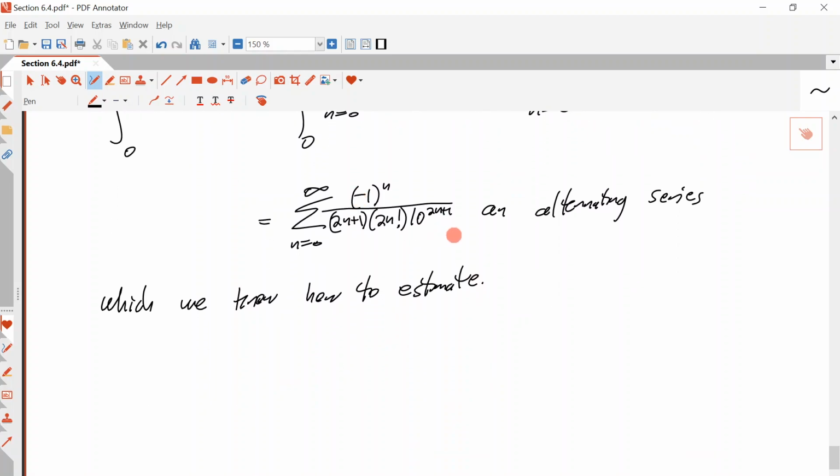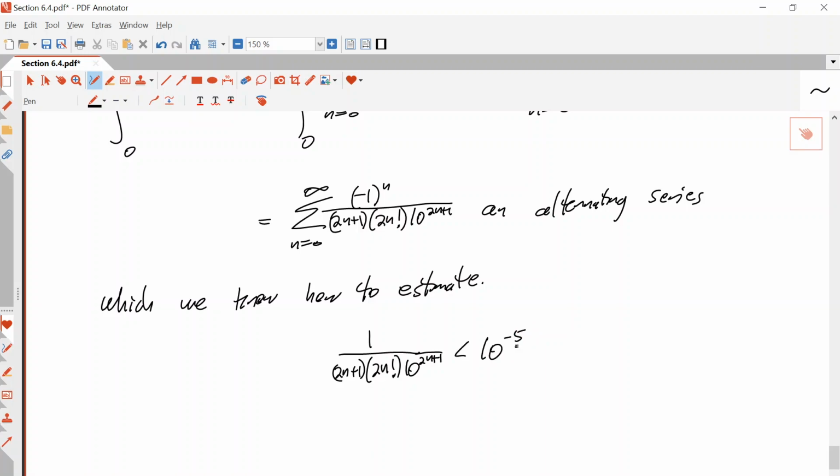So we set up this inequality, 1 over (2n+1) times (2n)! times 10 to the 2n plus 1. You want that to be less than 10 to the minus 5th.